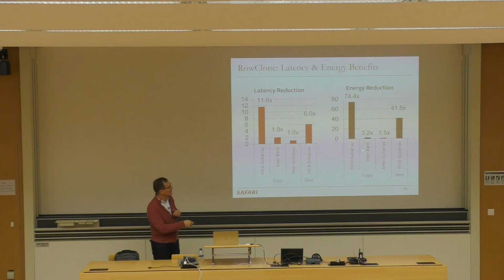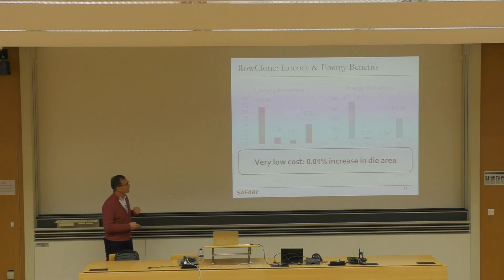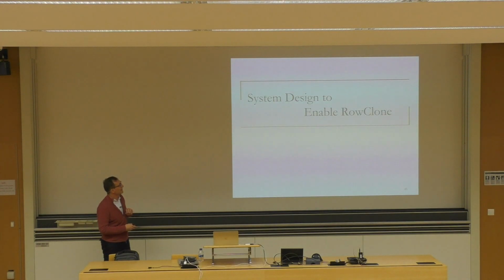Somewhat less, actually quite less in interbank, but it's still quite high. And even inter-subarray copy leads to energy reduction because you're not moving data across the heavy interconnects outside the DRAM. And zeroing energy reduction is about 41x as we discussed. And all this comes at very low cost, 0.01% increase in die area.